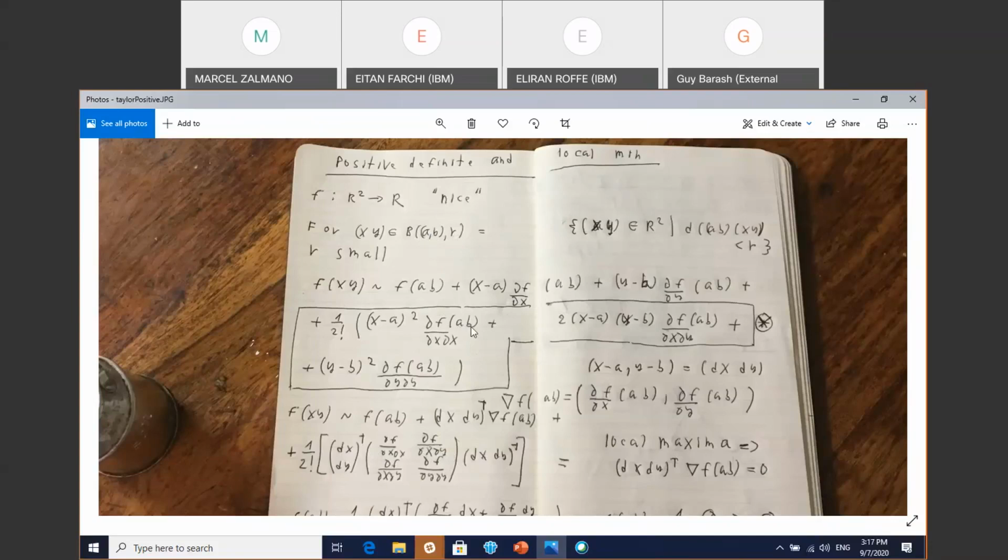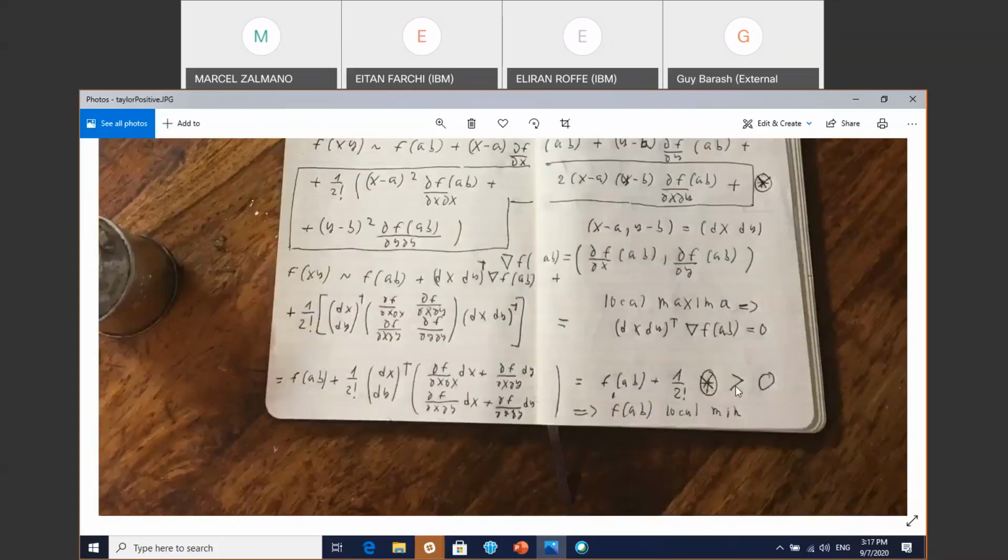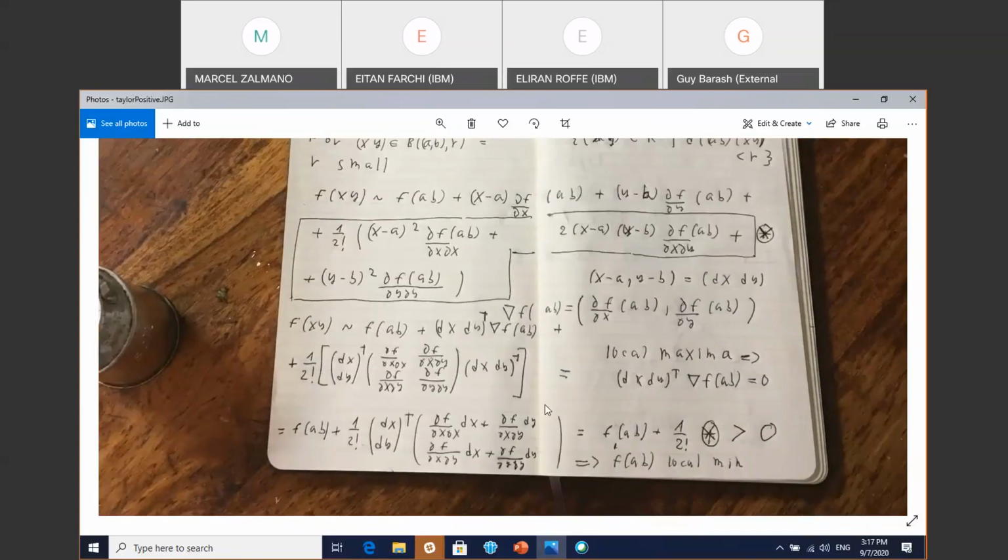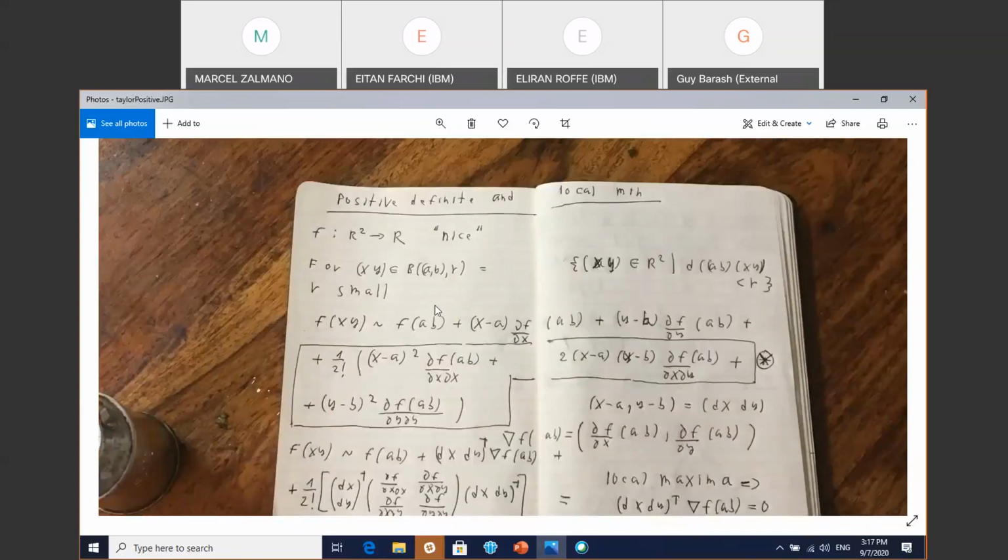The Taylor expansion guarantees that we don't know which point it is, but that guarantees it's bigger than 0 here, which means fxy is bigger than fab, which means it's a local minimum in this small ball.